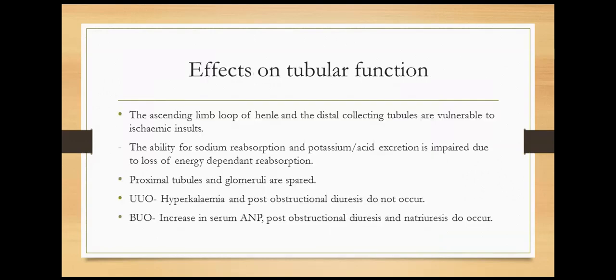Effects on tubular function. We've just got to remember that the ascending loop and the distal collecting tubules are very much vulnerable to ischemic insult, and this then affects, especially in your ascending loop, the ability for sodium reabsorption, together with the water following, and then in your collecting tubules, the potassium and acid secretion is impaired, and this is mainly simply because you've got loss of energy dependent reabsorption, which mainly occurs via your potassium, hydrogen, or sodium, potassium and hydrogen ATPases.